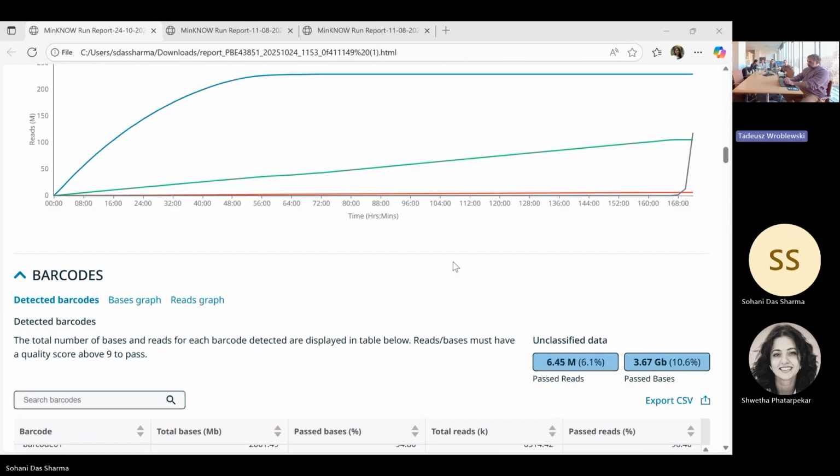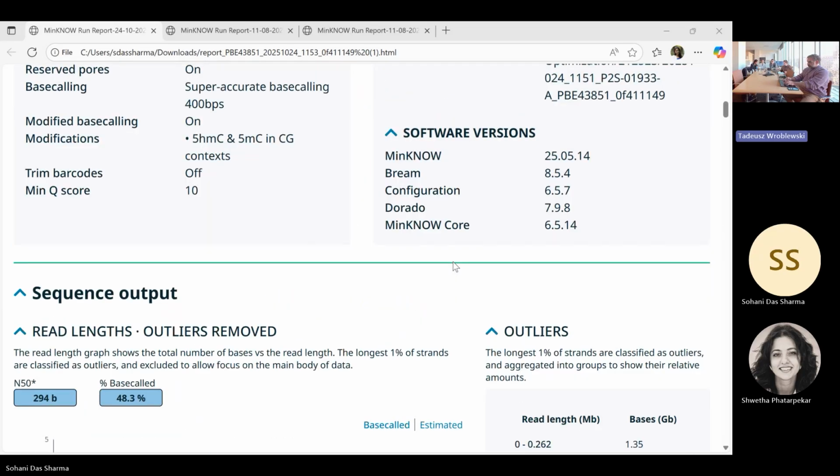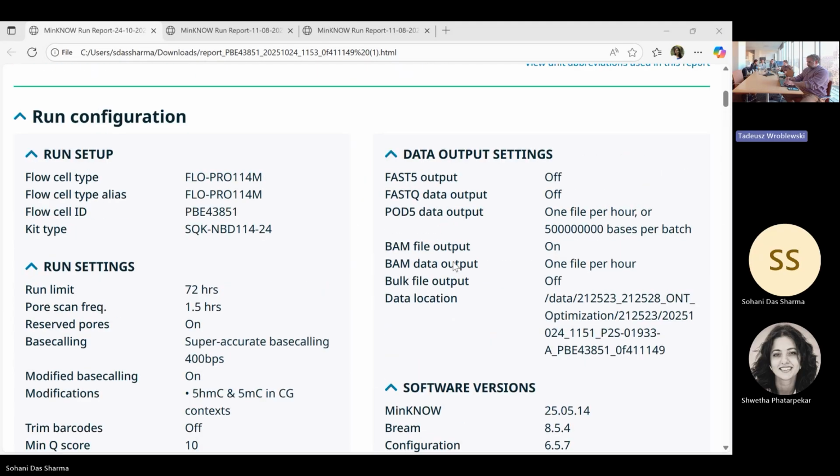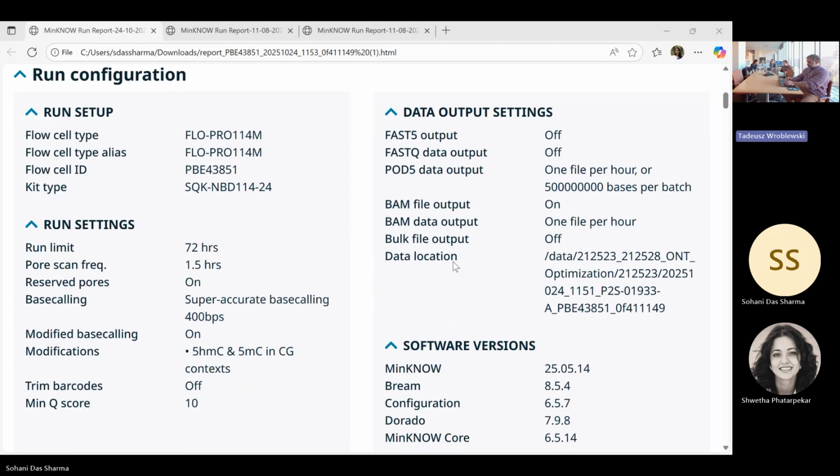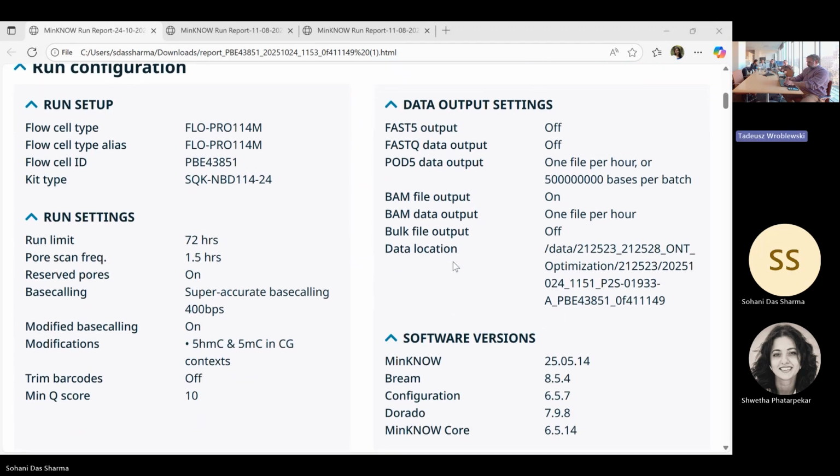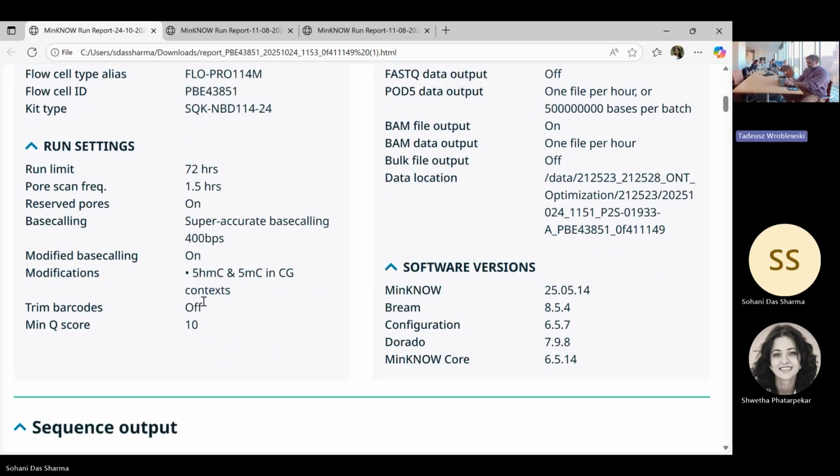Can we go up to just start at the top with the amount that they sequenced? Yeah, I can probably share this report with you. Okay, so I think this is a good thing: they did the base calling with methylation on, and they also did a SUP base calling, although our protocol, which we followed, says HAC, but that's okay, that's fine.